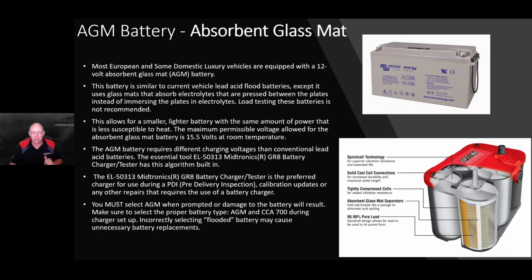We'll talk about what surface voltage is in a little bit. But AGM batteries, or spiral batteries, or Optima batteries, whatever you want to call them, produce a little bit more voltage than the SLIs.